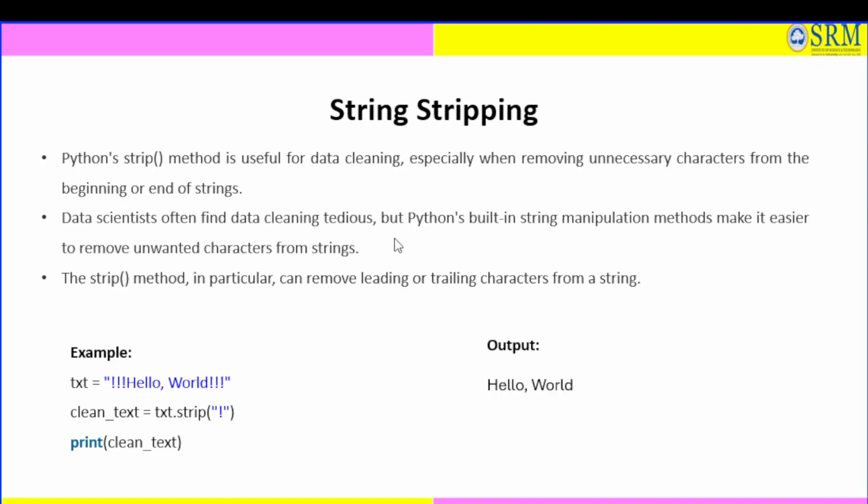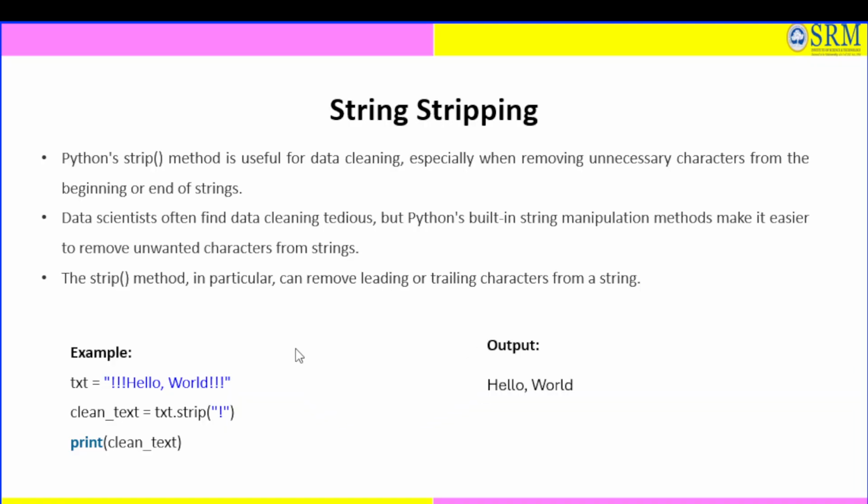This is the method most often used by data scientists. Whenever they use web scraping to get data from the web, they use these methods to strip off the unwanted characters before and after the particular string.